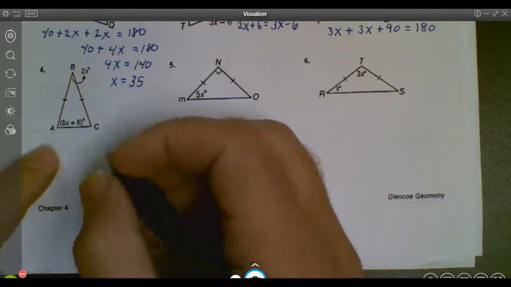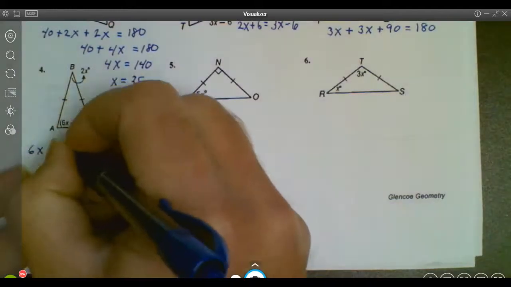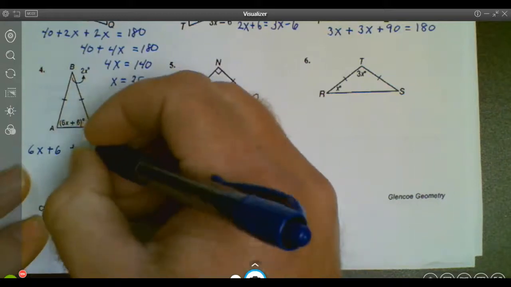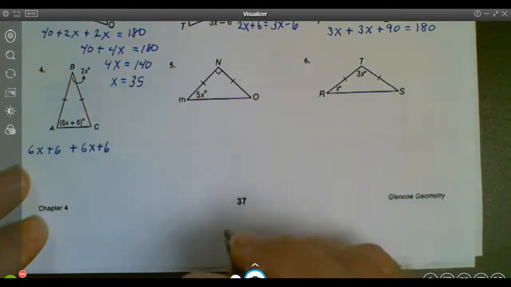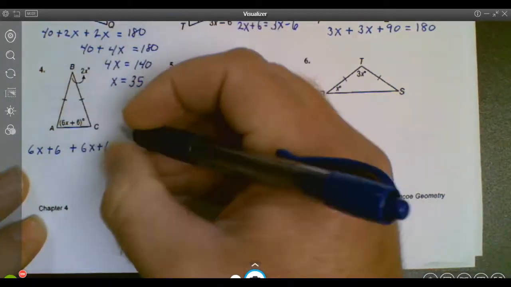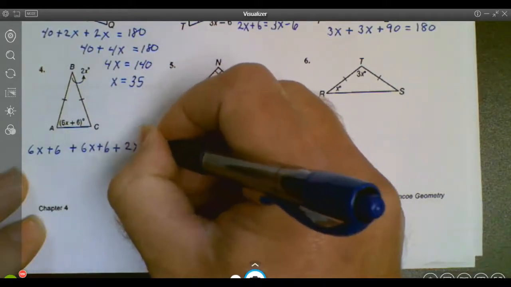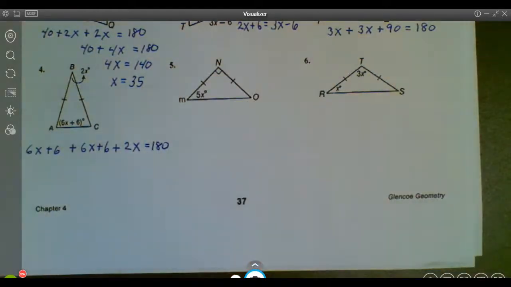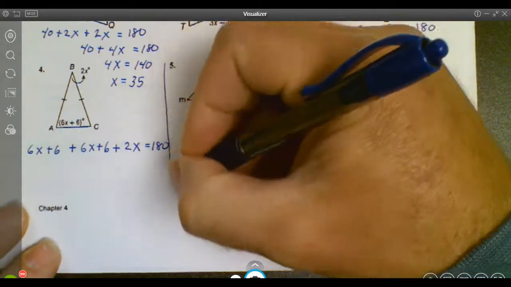So I have angle A, which is 6x plus 6, plus angle C, which we also know is 6x plus 6 by the isosceles triangle theorem, plus angle B, which is 2x. They must all add to 180. So there would be our setup, and then you have a pretty simple solve for x using those algebra skills.